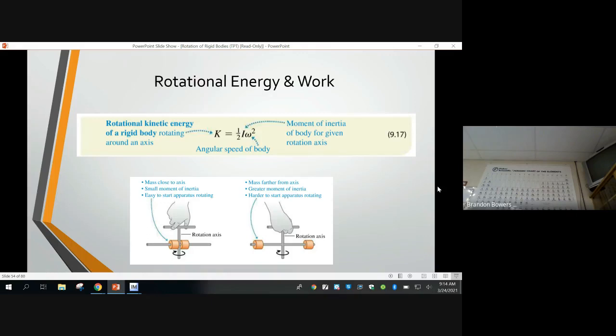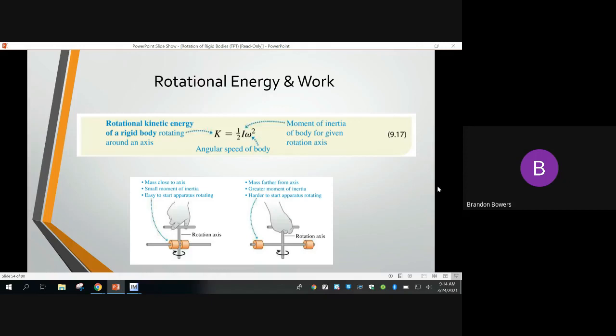Why are there so many different versions of my equation? You had to make multiple versions to show the different substitutes. So, kinetic energy is equal to half the moment of inertia omega squared.